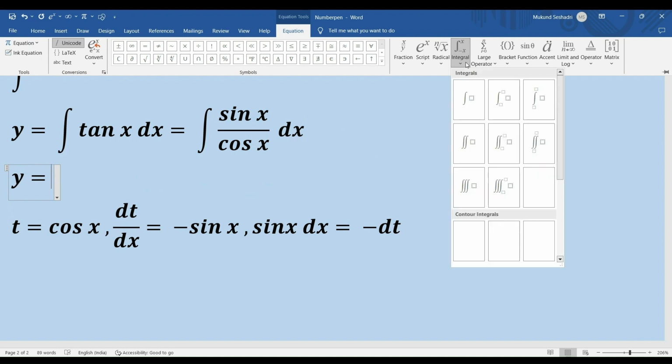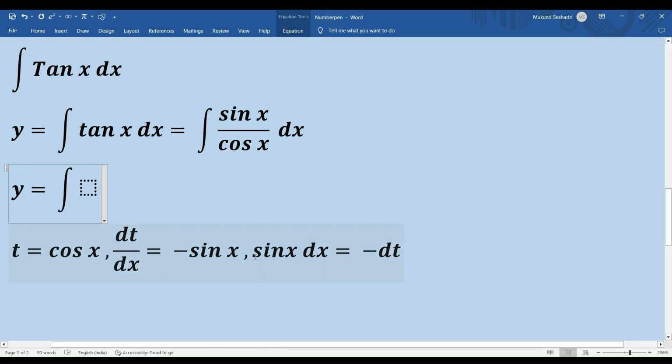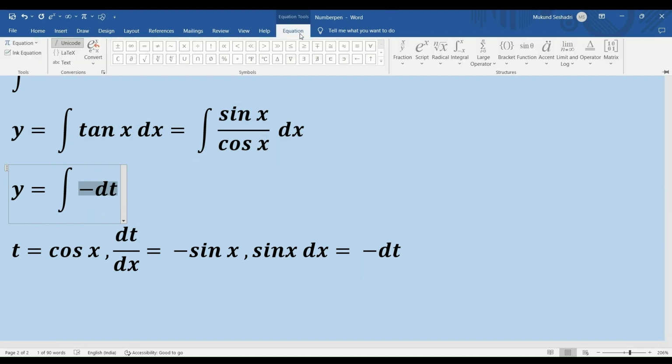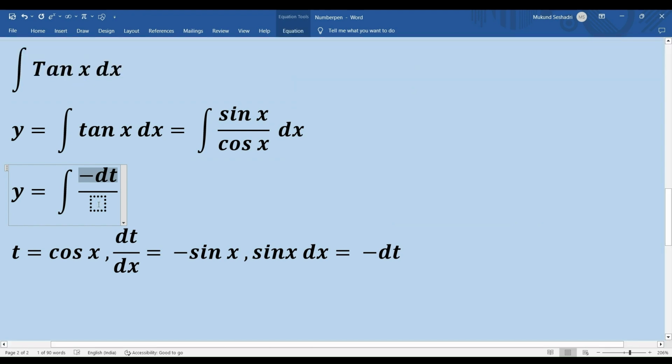So my numerator, which is nothing but sine x dx, and take a look at what we have arrived at here through our substitution. My sine x dx is nothing but equal to minus dt. And then I have my cos x in the denominator, which is nothing but my original substitution, which is a t, right? So I have integral of minus dt by t, right?